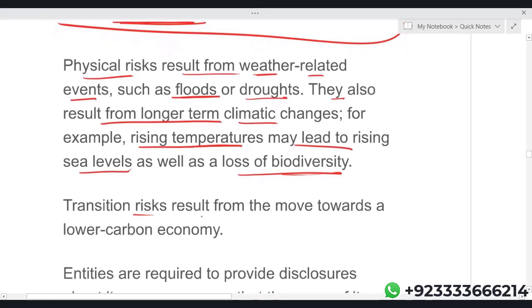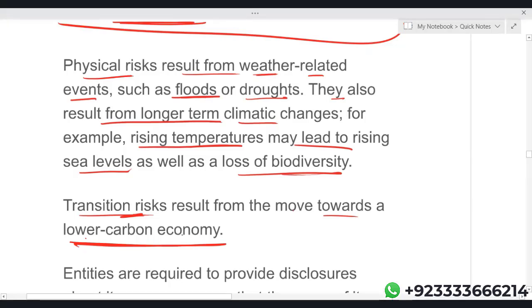Transition risk results from the move towards a lower carbon economy. Look at this. Transition risk results from a move towards a lower carbon economy. Now you might be thinking, sir, if you are going towards a lower carbon economy, what is the risk? There is a risk.